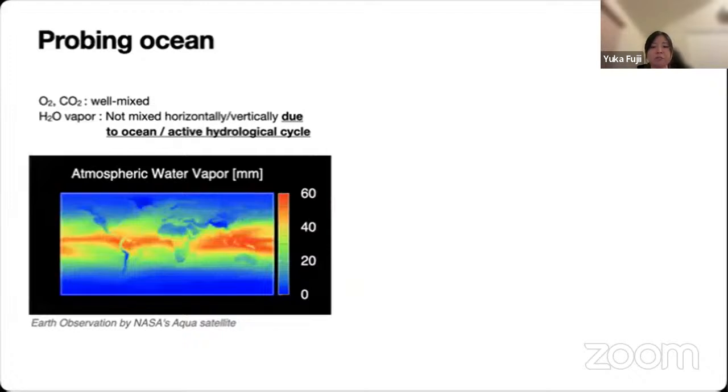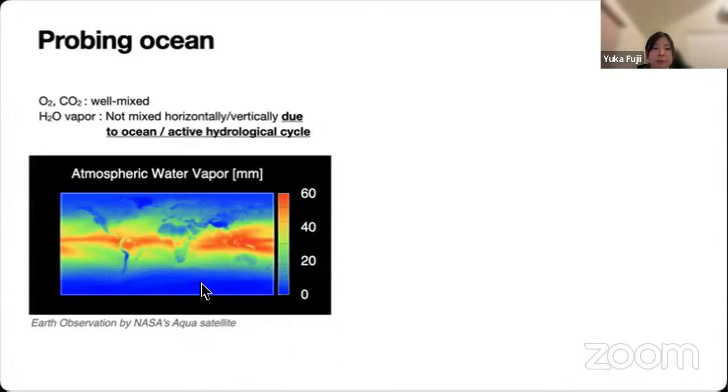Another potentially interesting characteristic of ocean-covered worlds is their active hydrological cycle. Look at this figure, which shows the atmospheric water vapor on Earth. It's clearly seen that the water vapor is most abundant near the equator, or near the tropical convergence zone.